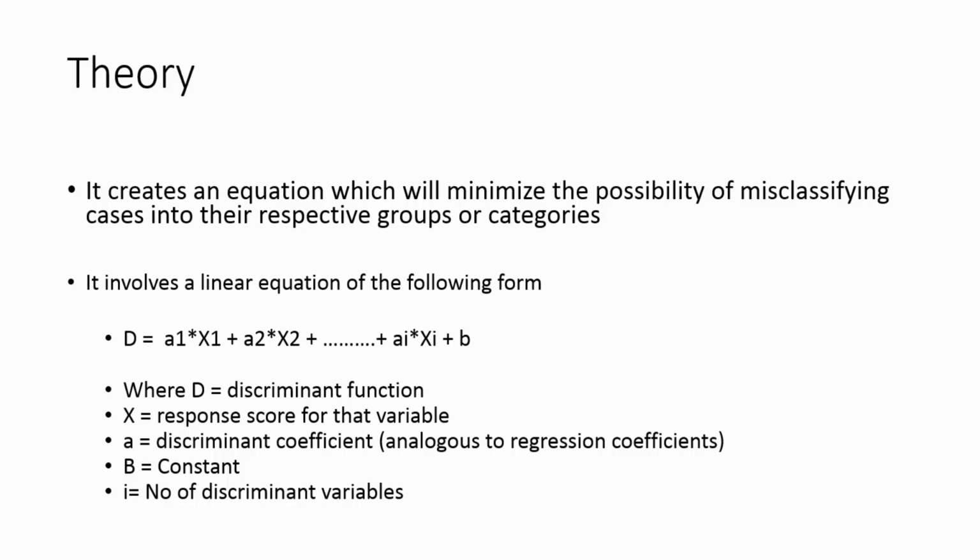And then you have a constant which is b in this equation. The main purpose of the discriminant function is to find out what is the difference in terms of the expectation or the mean of the different groups. Okay, based on that we categorize. So that is essentially what is done mathematically.